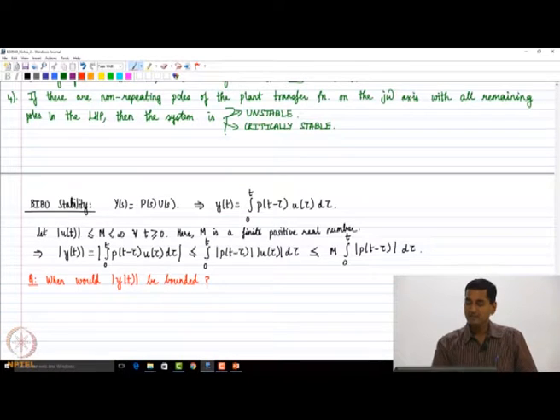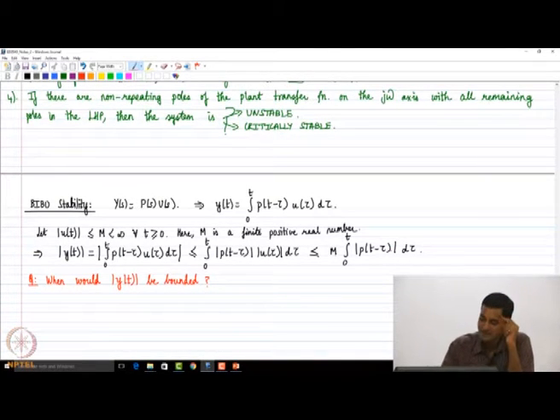See, the magnitude of y of t is bounded by this integral, M times the integral from 0 to t of the magnitude of p of t minus tau d tau. Now suppose this integral is bounded. Certainly the magnitude of y of t is bounded. Don't you agree? Because the magnitude of y of t is less than or equal to M times the integral from 0 to t of p of t minus tau.